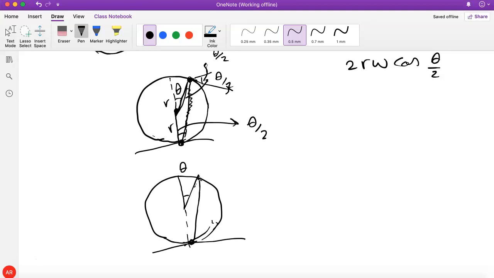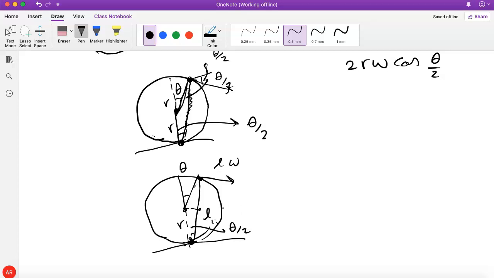If this length from here to here is L, this picture of rotating around this instantaneous axis should give me L times omega. And to calculate L, again, I see this is R from here to here, and this is theta over 2.